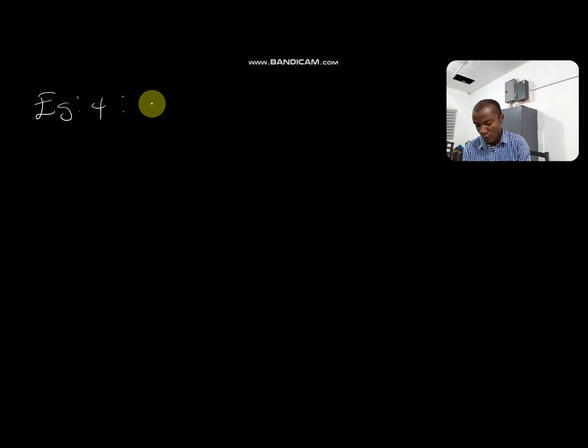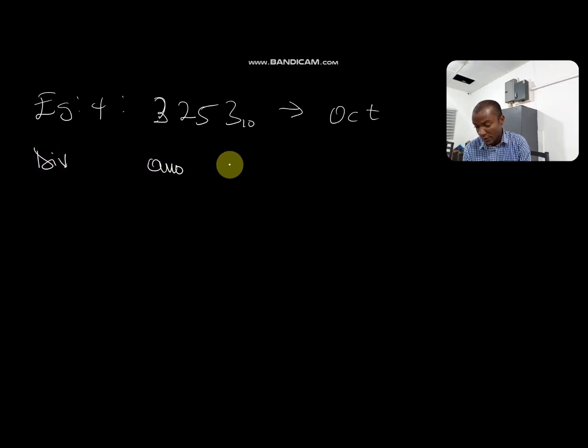Example 4. I have 3253 base 10, and we have to change this to octal. So I will have my division here, my quotient here. When I divide, I'll get some points. To get the remainder is the point multiplied by the base, and I'll get the r, which is the remainder.